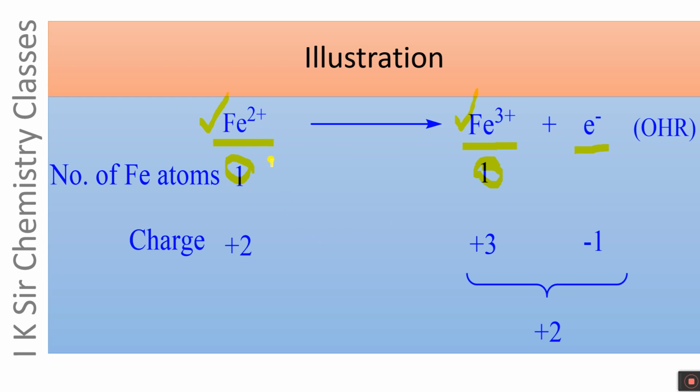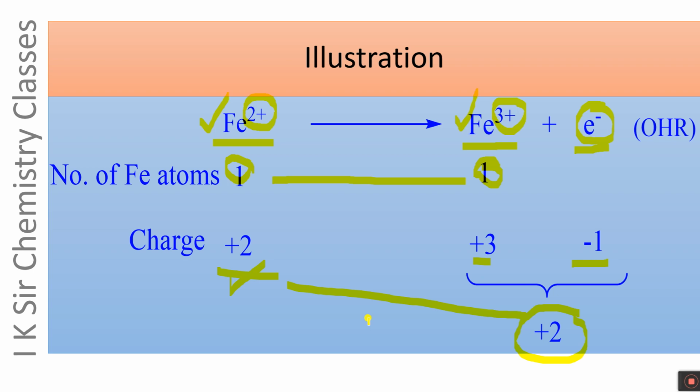The charge on left hand side is plus 2 and the charge on the right hand side is plus 3 and minus 1. Plus 3 and minus 1, overall charge is plus 2 and on the left hand side the charge is also plus 2. Thus, this oxidation half reaction is balanced with respect to atoms as well as charge.